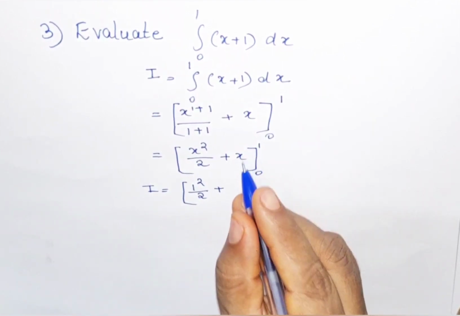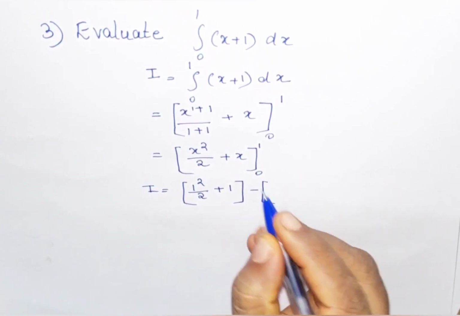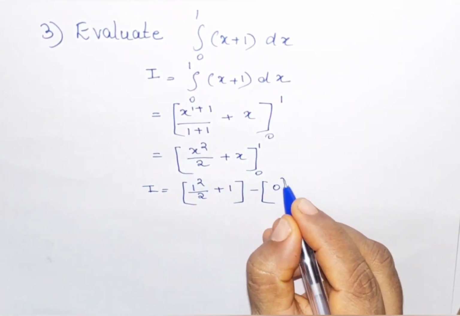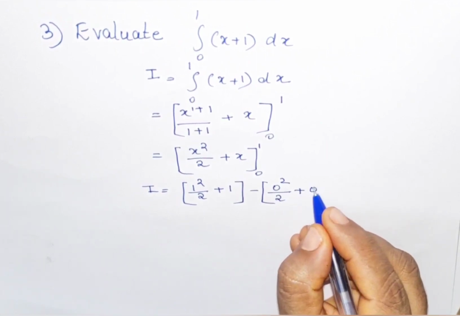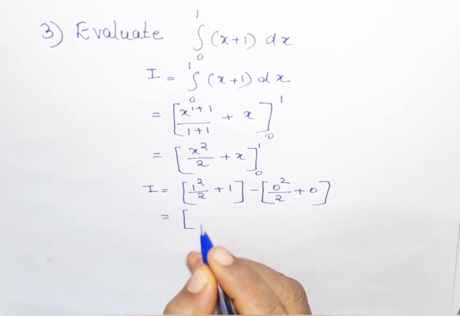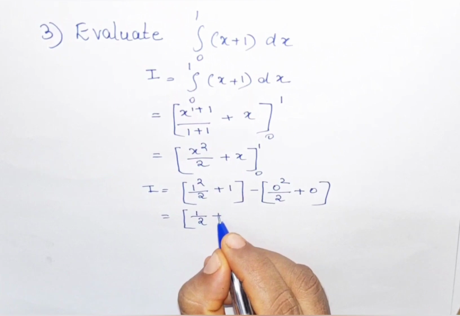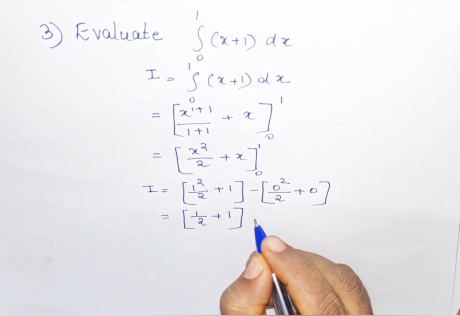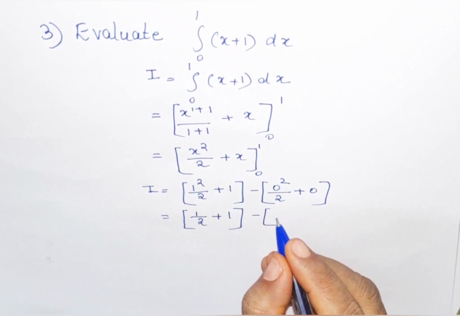So in x place if we substitute the upper limit, this becomes 1^2 by 2 plus 1, minus, when we substitute the lower limit, 0^2 by 2 plus 0. Now let us simplify this.